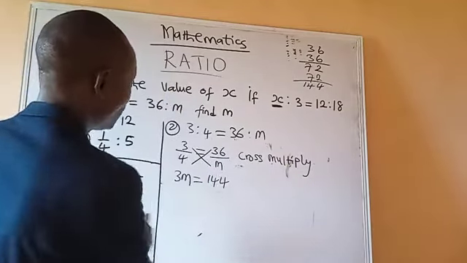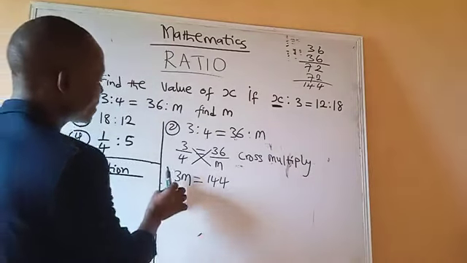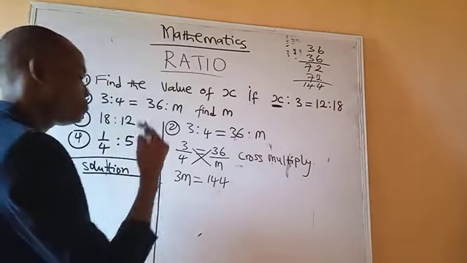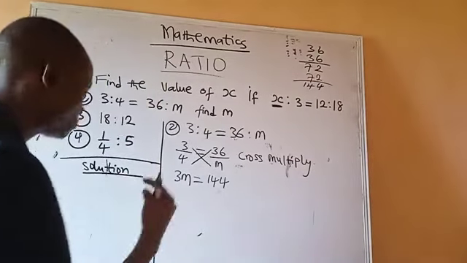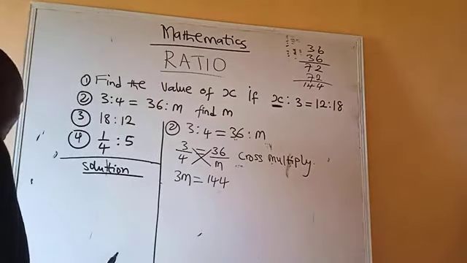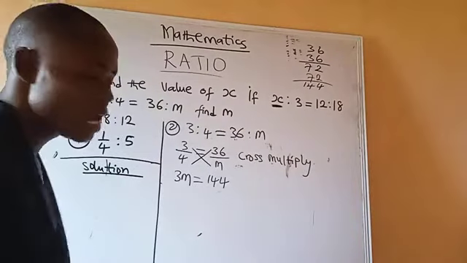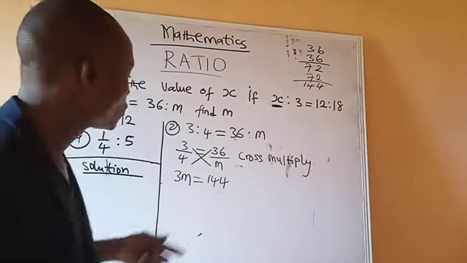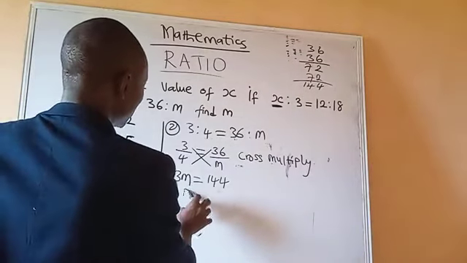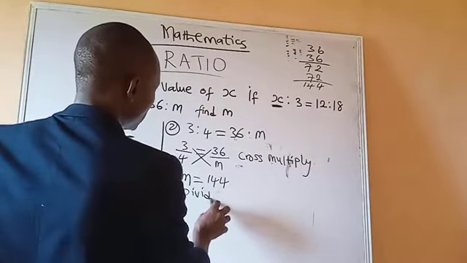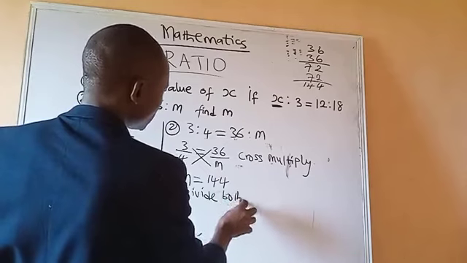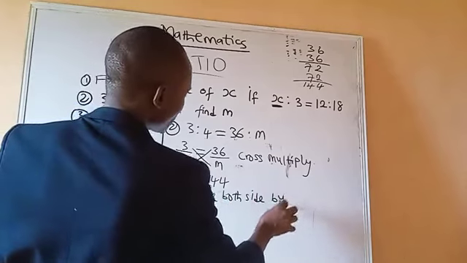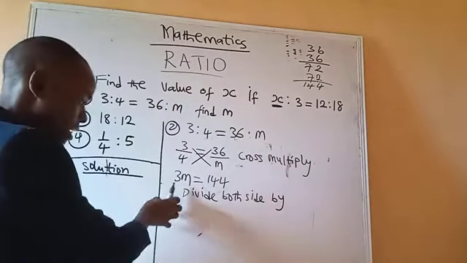So, like the first one I explained to you, when you have 3m equal to 144, you are expected to make this m stand alone. Let m stand on its own. So what are you going to do? You say divide both sides by what? 3.